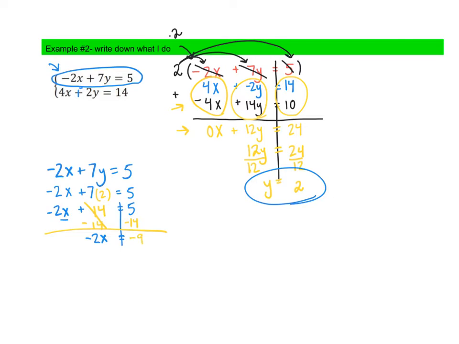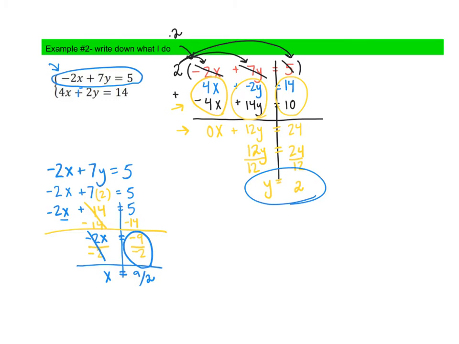Okay? From there, I want to get the x by itself. Divide by negative 2, divide by negative 2. Over here, it cancels. I'm left with x equals negative 9 divided by negative 2, which is the same as saying 9 over 2, because those negatives cancel.